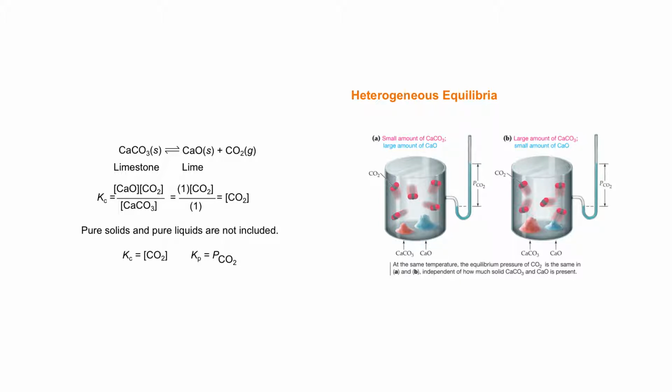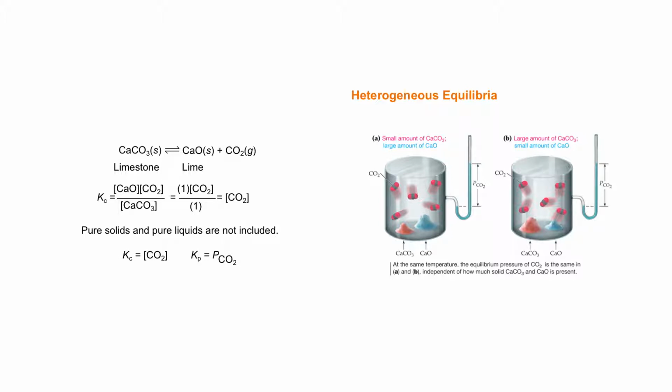Well, that solid is going to be essentially a constant, because anything that's a pure substance that's not an aqueous solution or a gas is not going to change at all. So it will maintain essentially a constant position. So you can simply replace the concentration of the calcium oxide with the number 1. Also, limestone is a solid substance, so it can be a 1.